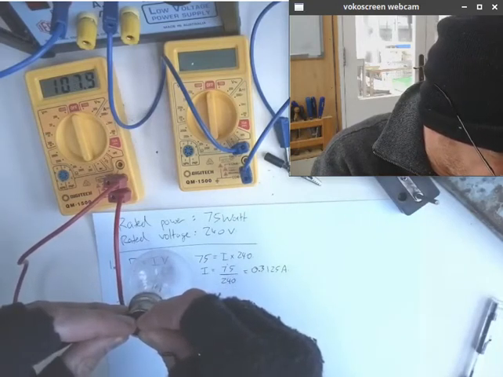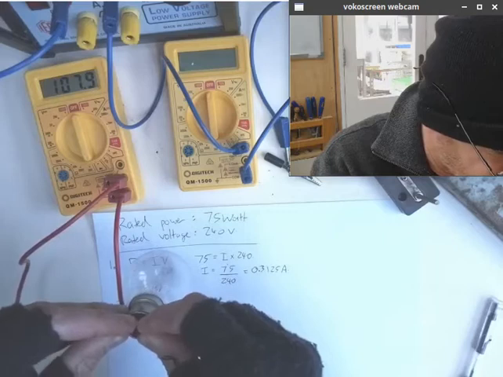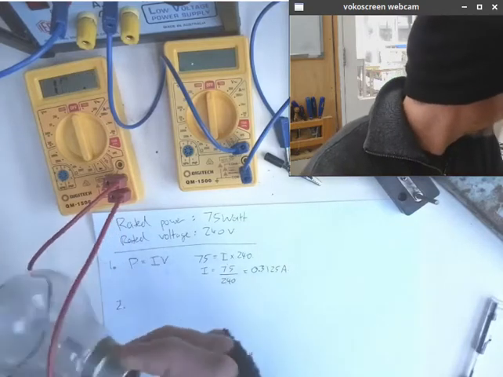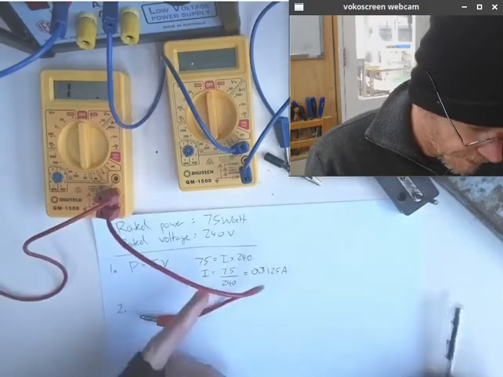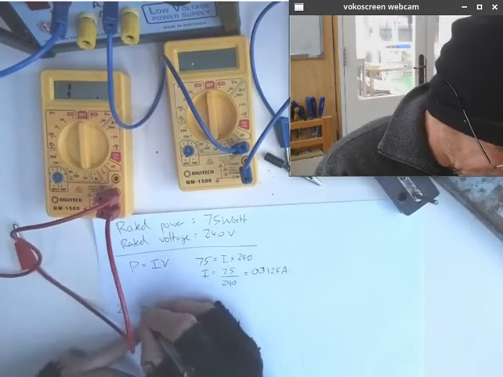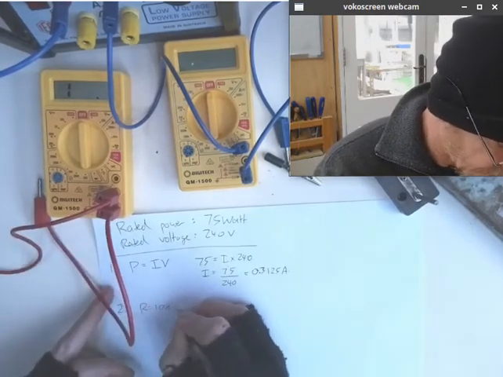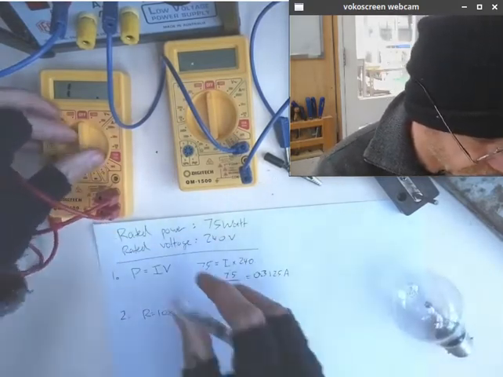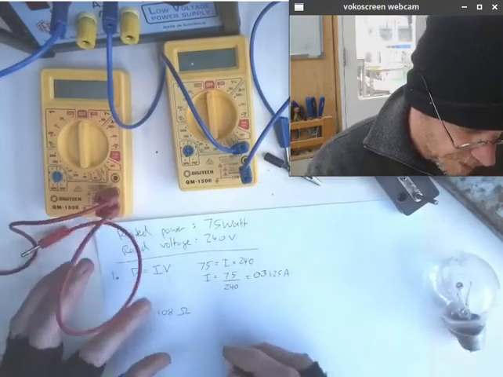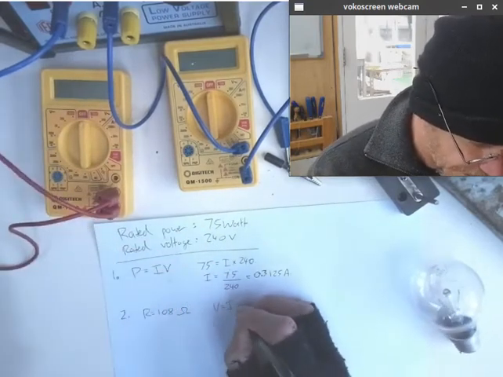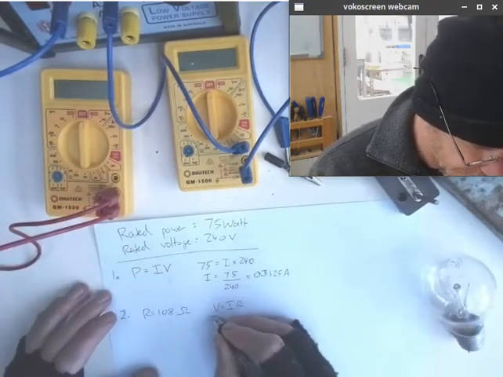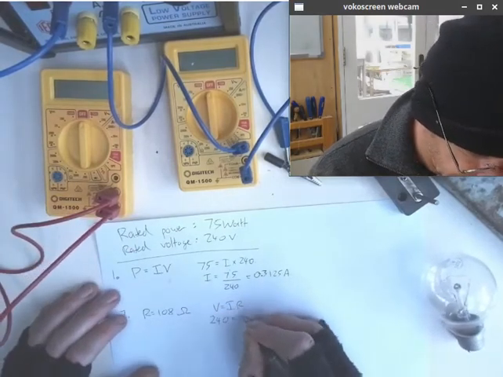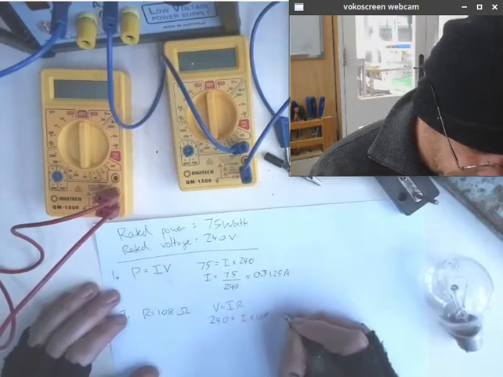I'm showing there on that meter, it says 107.9 ohms. 108 ohms. So we get R equals 108 ohms. Now, if I want to predict the current, I'm going to use V equals IR. So the voltage is still 240 volts, equals the current times 108.